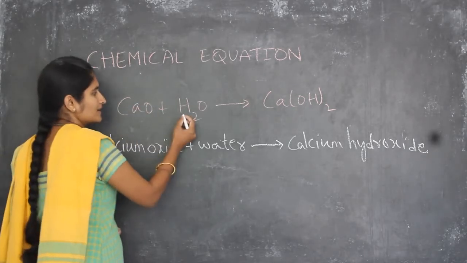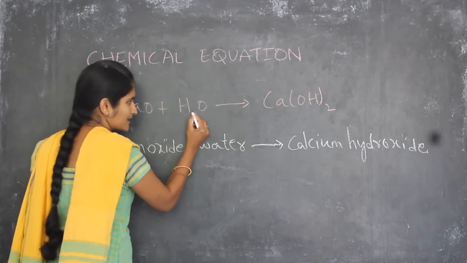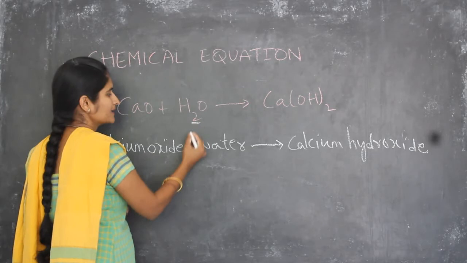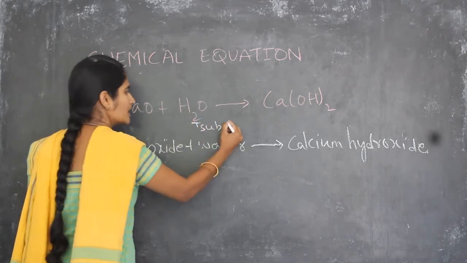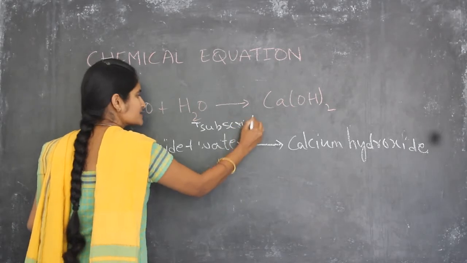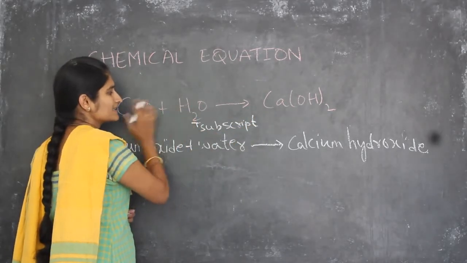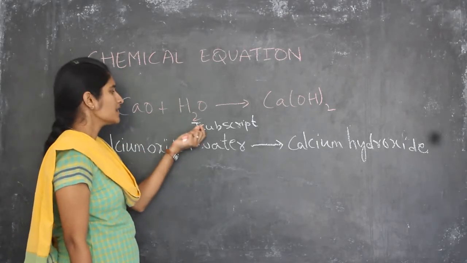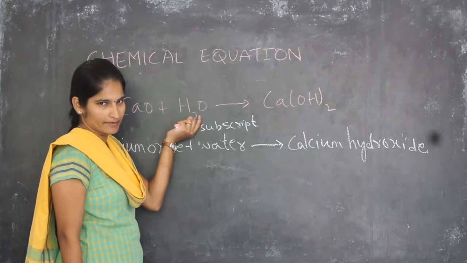Now hydrogen, this is H2O. See here 2 is there. This 2 is called a subscript. Subscript denotes the number of atoms present in that molecule. That means in a water molecule we have 2 hydrogen atoms.